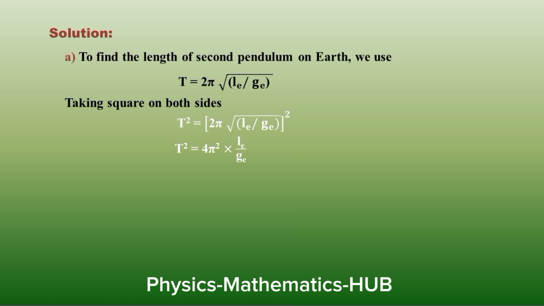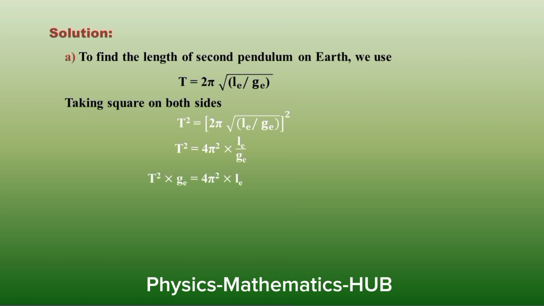Applying the square and getting rid of the square root, we get T square is equal to 4 pi square multiplied by length of the pendulum on earth divided by gravitational acceleration on earth.